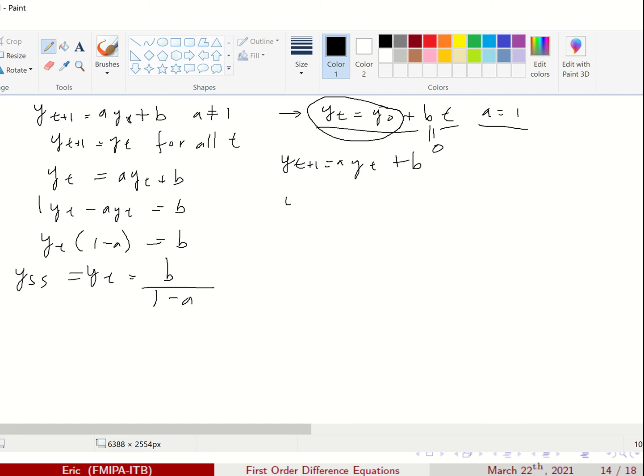The solution is given by y0 plus bt if a is 1, and if a is not 1, you have a to the power of t times y0 plus b times (1 minus a to the power of t) divided by 1 minus a.